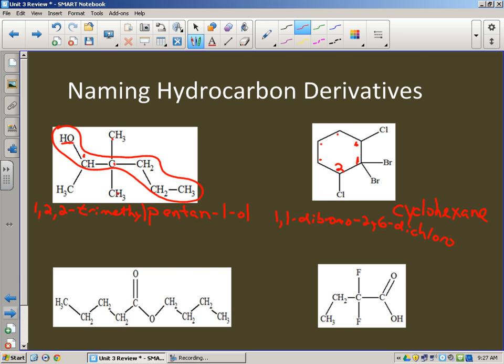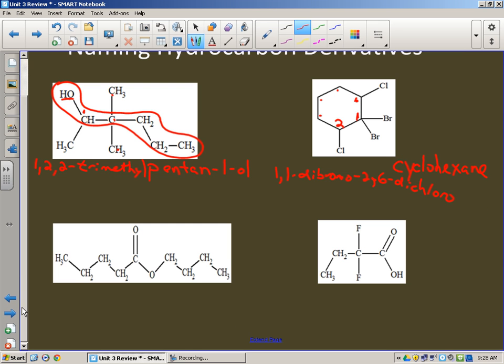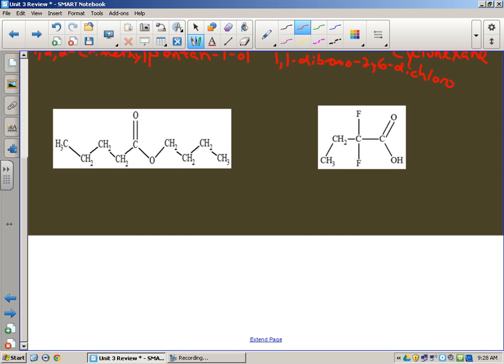All right. Next, let's see here. Oh boy. Once again, this part right here, technically up to there, but that part there, of course, has the C double bond O bonded to it. That's kind of the family name or the parent name. That comes from the acid.